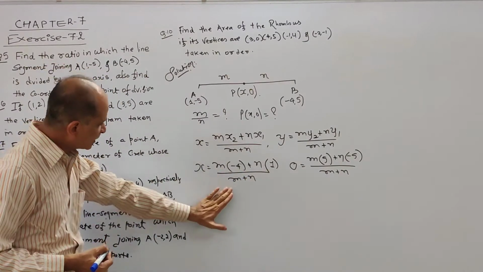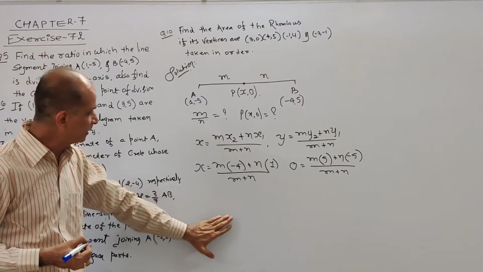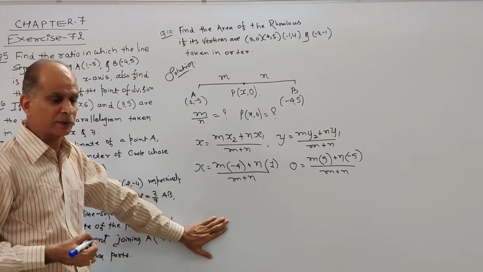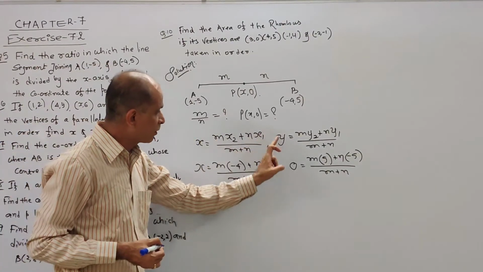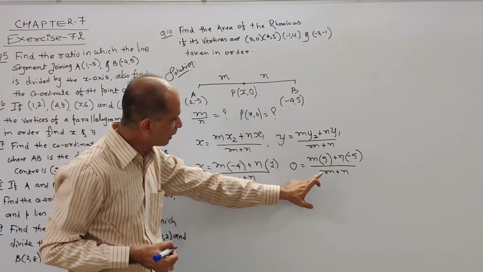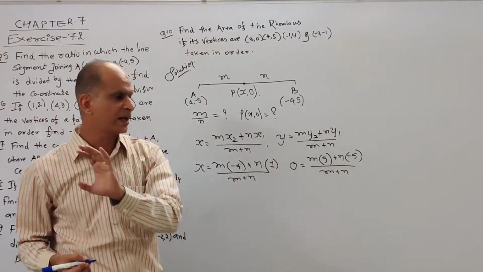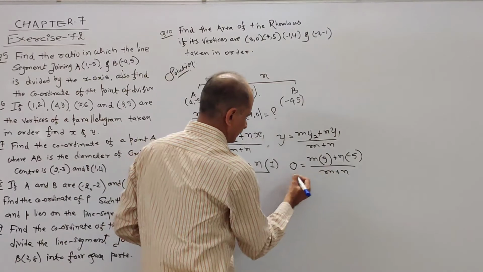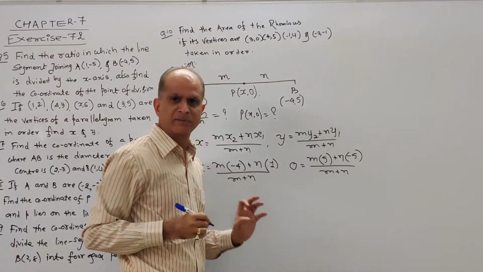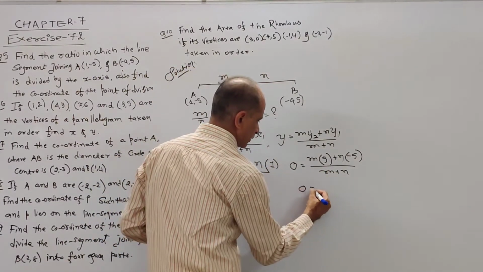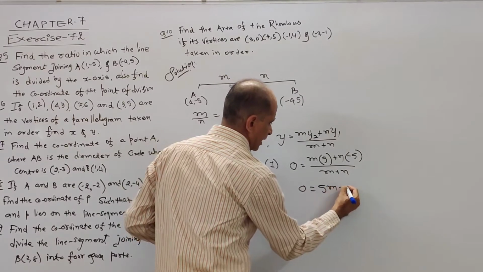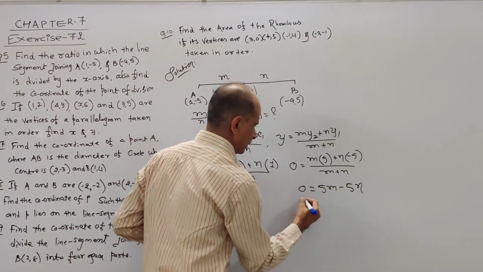So it is not possible to find either m, n or x from this first formula. But here the y coordinate is 0, so you can easily find the value of m and n. So 0 into (m plus n) means 0. So 0 is equal to 5m minus 5n.